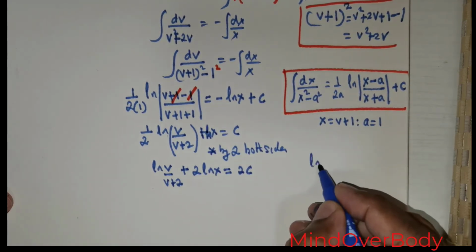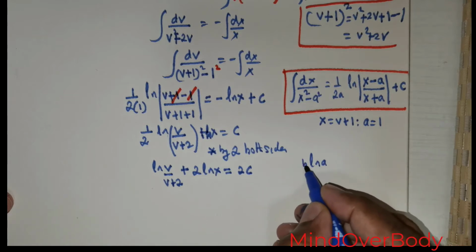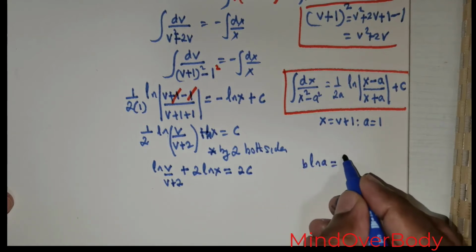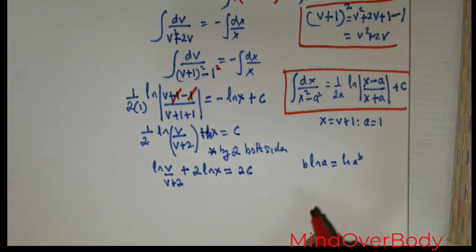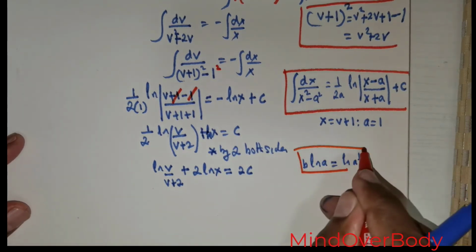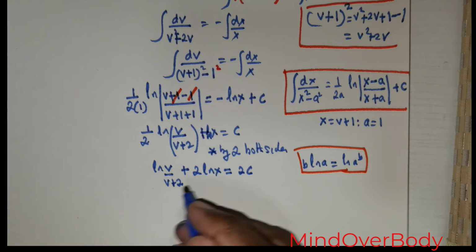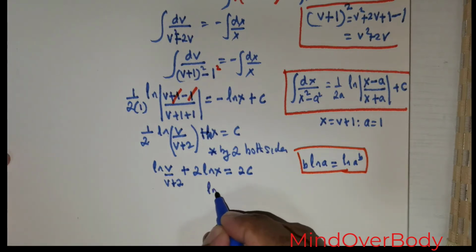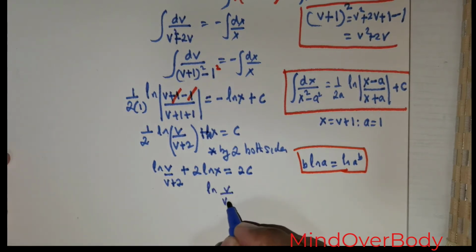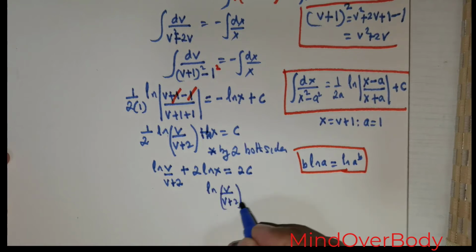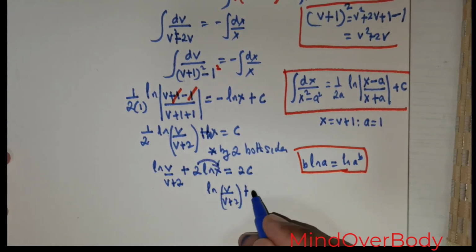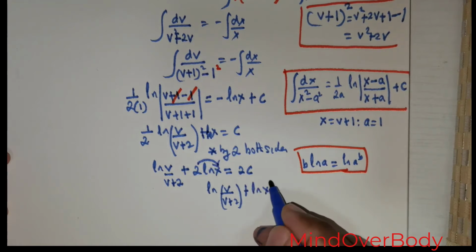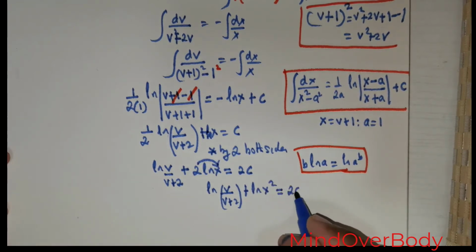Now there is a formula which says that if I've got something like this, b times ln a, I can write this as ln of a raised to the power of b. So by this formula, I can rewrite this as ln of v over v positive 2 positive, I can move this 2 over here, writing it as ln of x squared is equal to 2 times c.